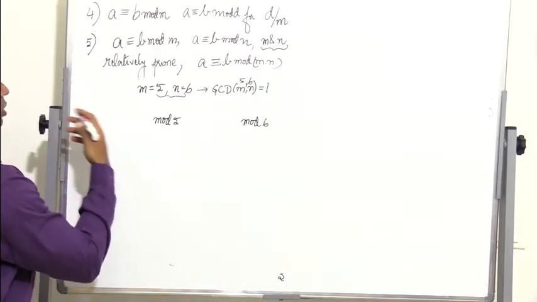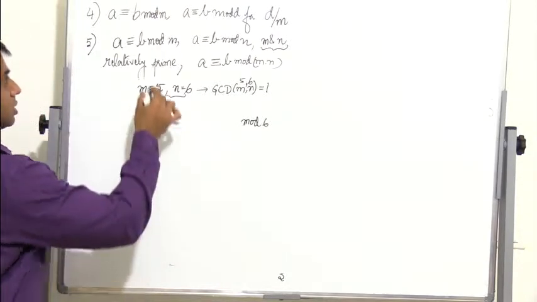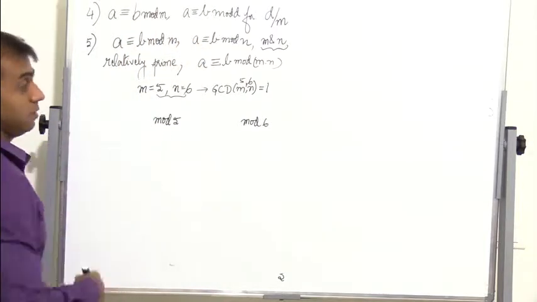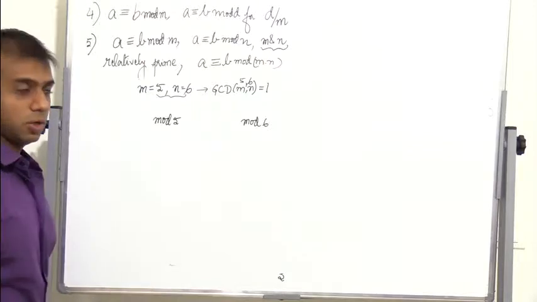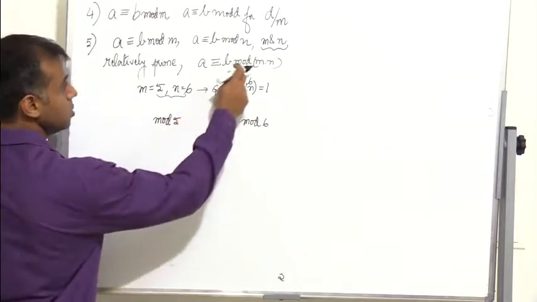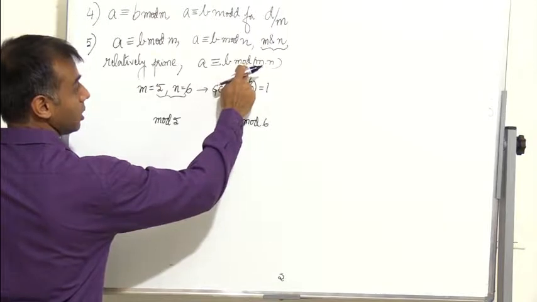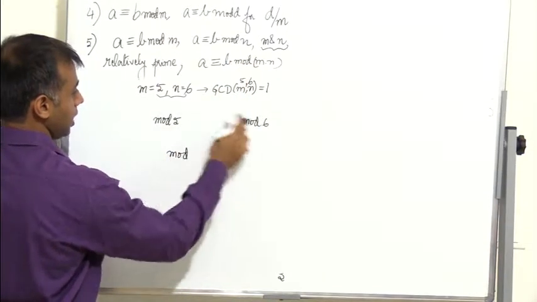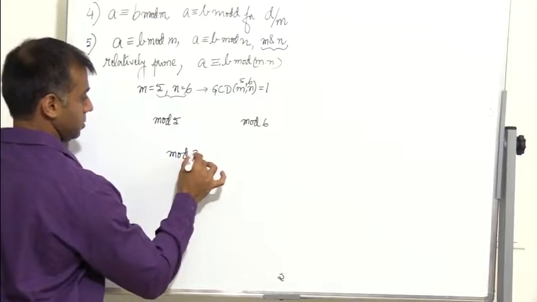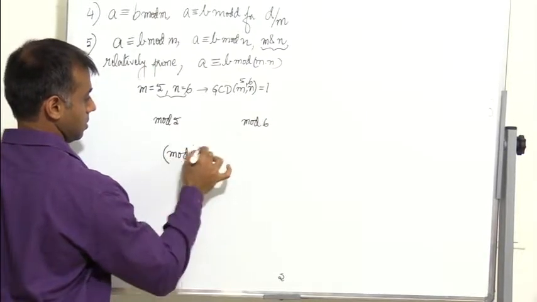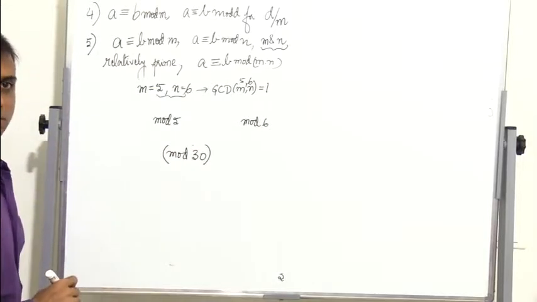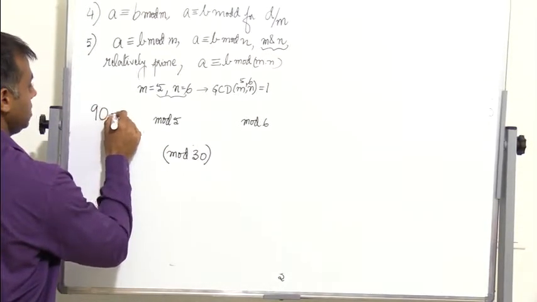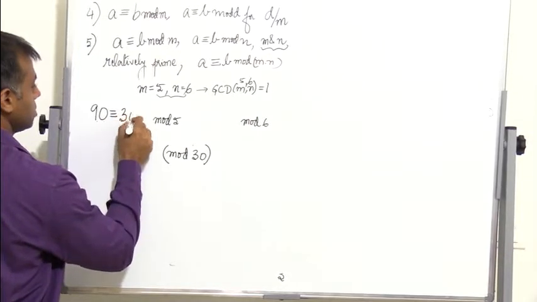So I need to choose the value of a and b such that a is congruent to b mod m, b mod 5. A is also congruent to b mod n and is also congruent to b mod m into n. So mod 5 into 6 is 30. So I have 90 is congruent to 30 mod 5.